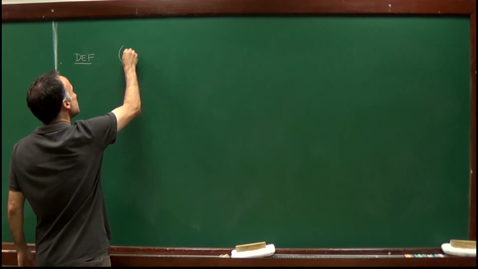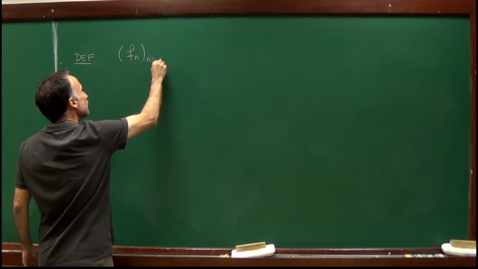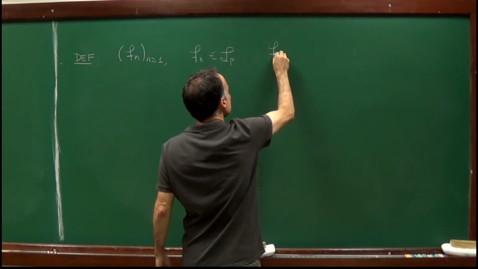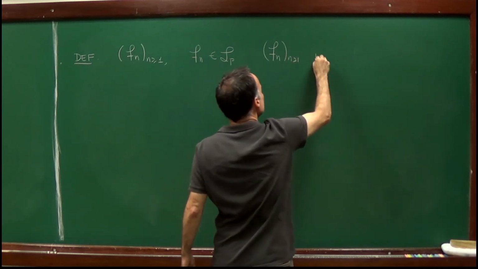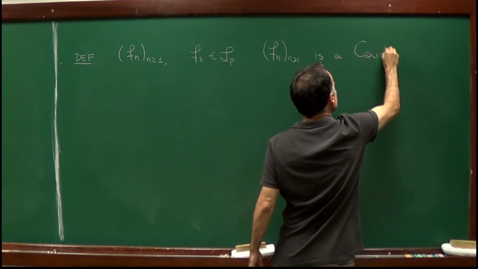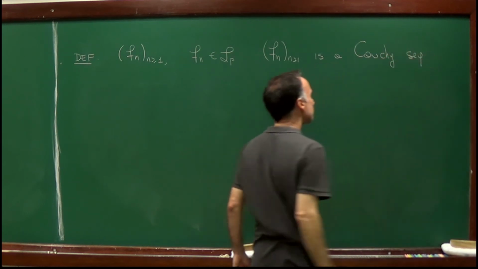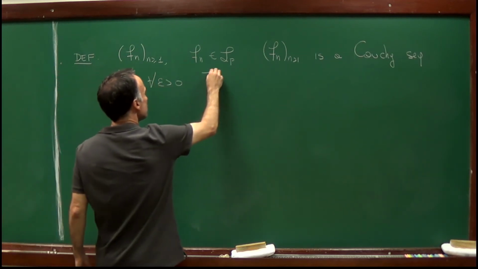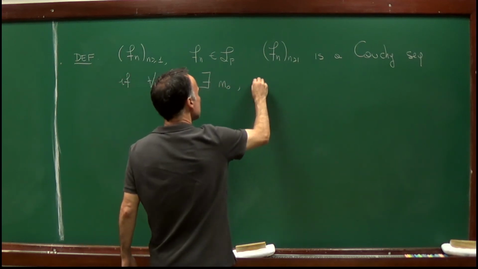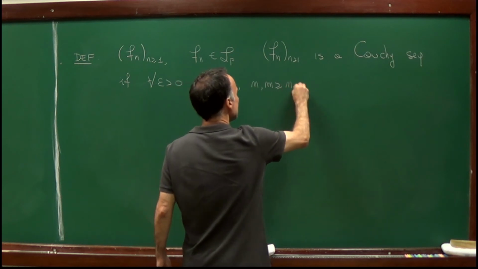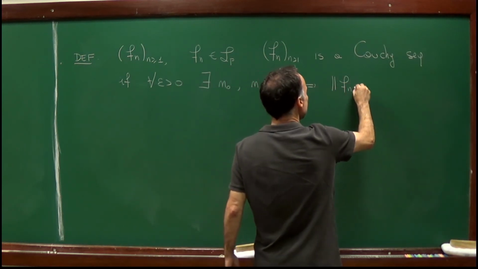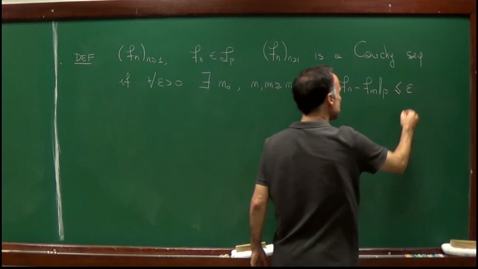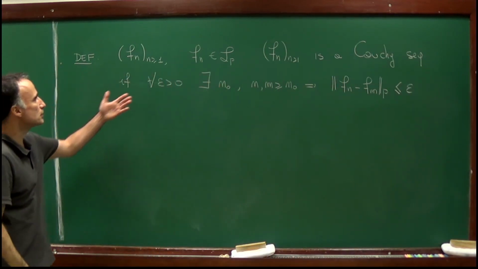I will say that if I have a sequence Fn of functions in LP, I will say that Fn is a Cauchy sequence if for any epsilon positive I can find n naught such that if n and m are larger than n naught, then the norm p of Fn minus Fm is less than or equal to epsilon. So this is what is a Cauchy sequence in LP.